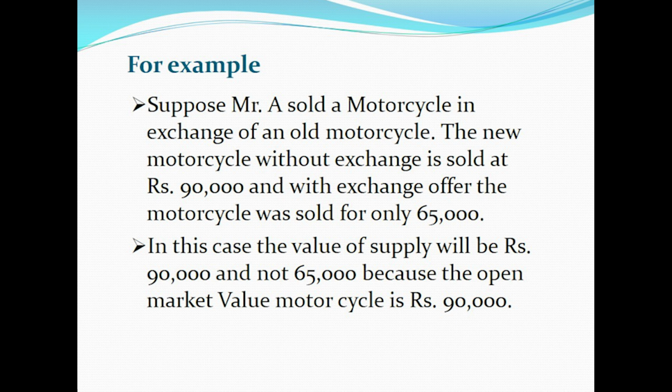In this example, what is your value of supply for rule 1? In this case, the value of supply will be rupees 90,000 and not 65,000, because the open market value of the motorcycle is rupees 90,000.